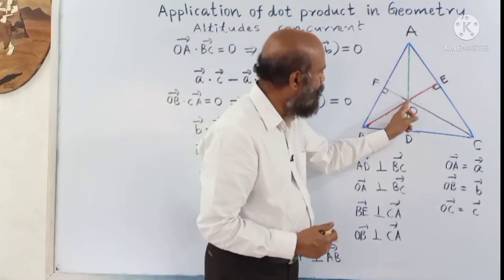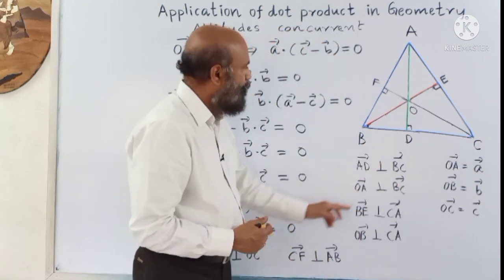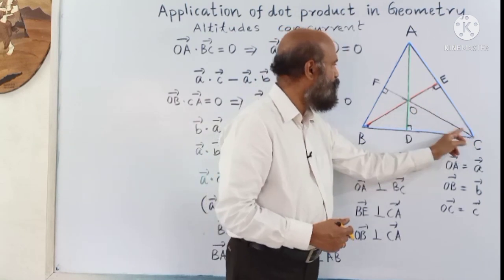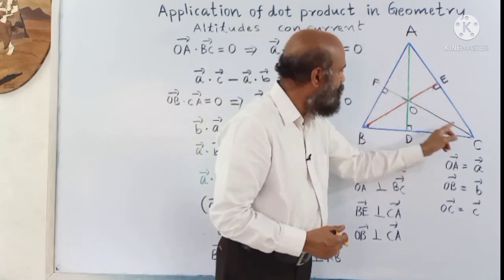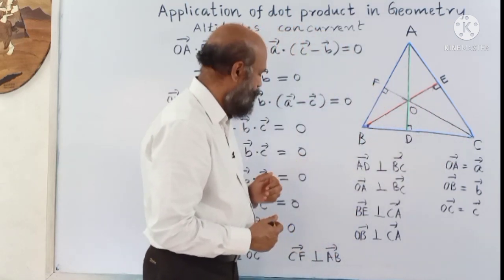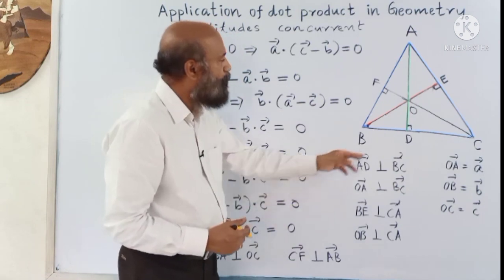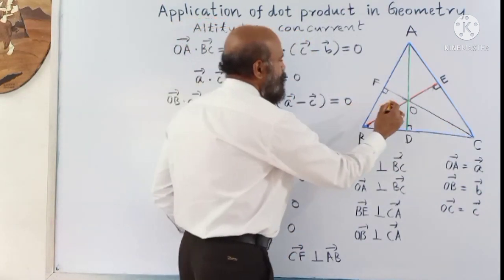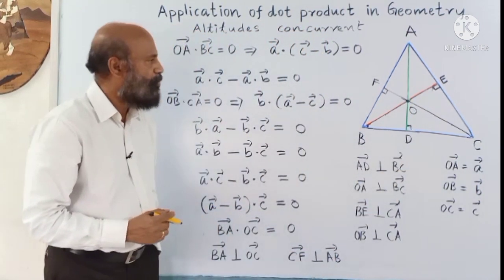When OC is perpendicular to BA, CF will be perpendicular to AB. So when CF is perpendicular to AB, we can see the altitudes are concurrent.